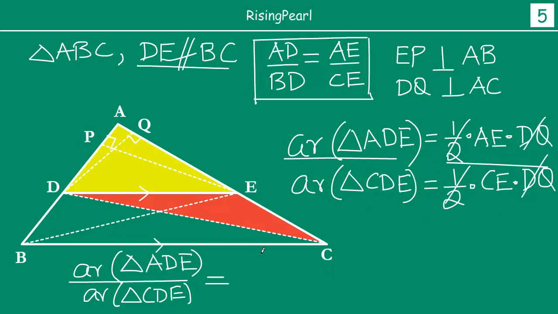So you are left with AE divided by CE, which is your right side. So on the right side, AE divided by CE is nothing but the ratio of the triangle highlighted in yellow divided by the triangle highlighted in red, which is CDE. Let us call this our equation number 2.